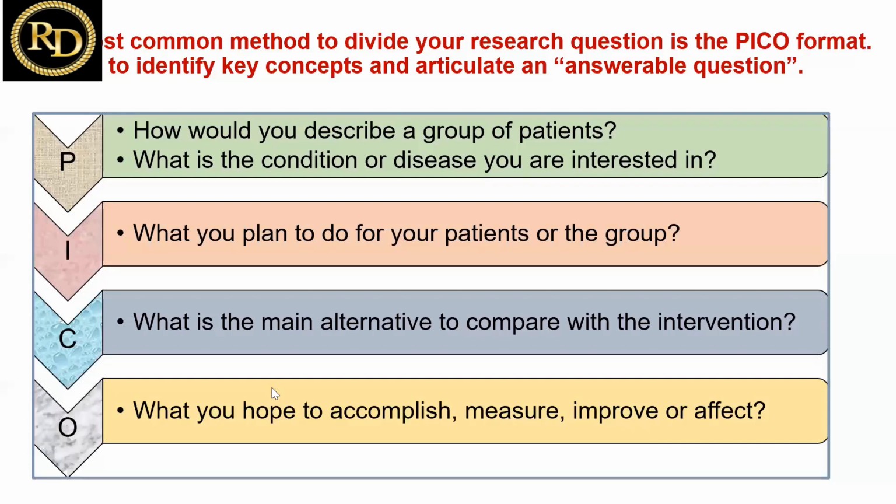In PICO, P stands for patient, population, and problem, which we can include in one place. Then comes I, which stands for intervention or exposure. C is the comparator, if there is any, we can include that also. And O comes under the outcome.